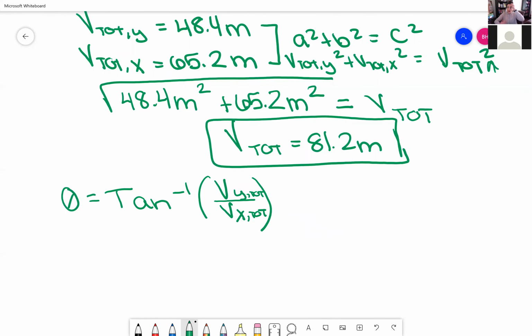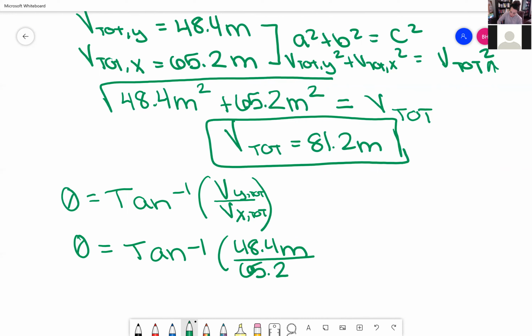So we have that equation. So now we're going to find our angle. If I were to plug this in, tangent -1, vy, which is 48.4 meters, over my vx, which is 65.2 meters.